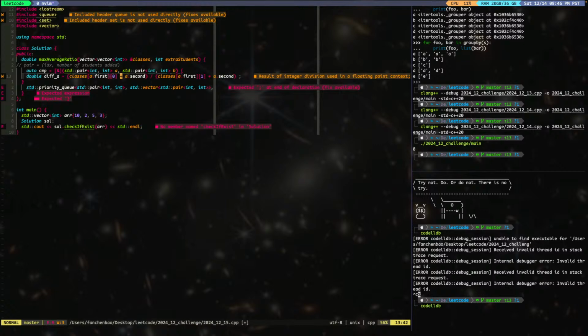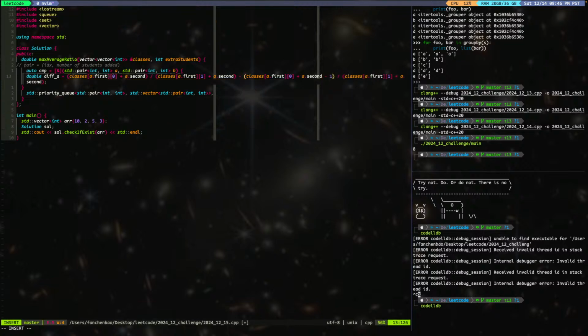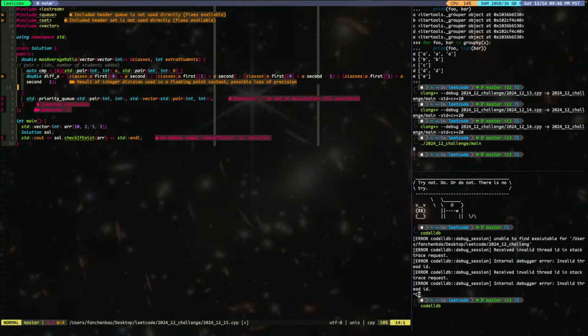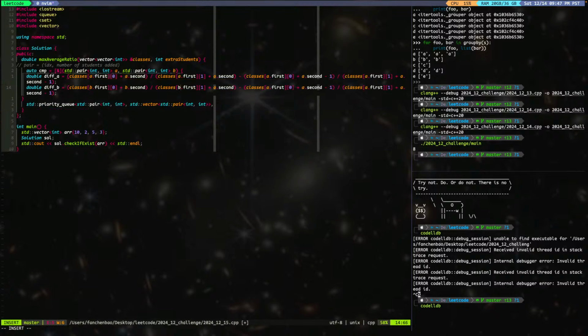So basically the same thing, minus, so instead of A dot second, it can be A dot second minus 1. That's what we want, right? So this is diff B. We need to do something else.